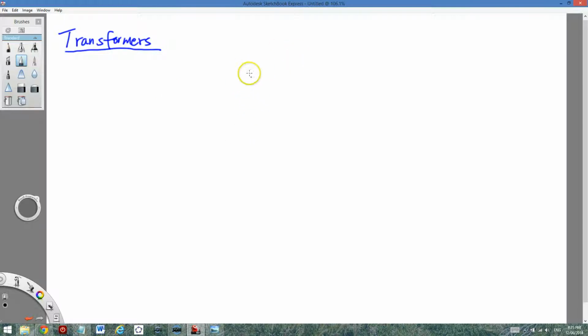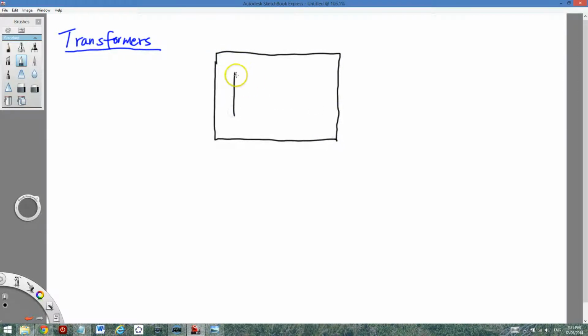Transformers can be very simple. Assume there is a piece of magnet, okay, even metal, a piece of metal with a hole in the middle.